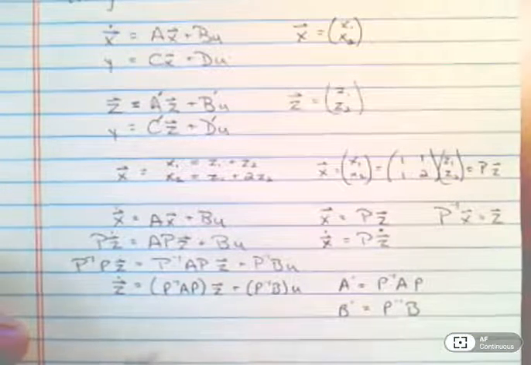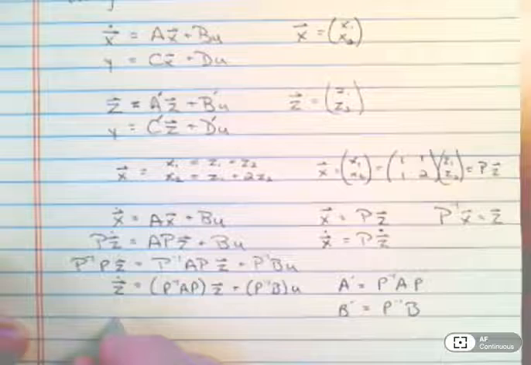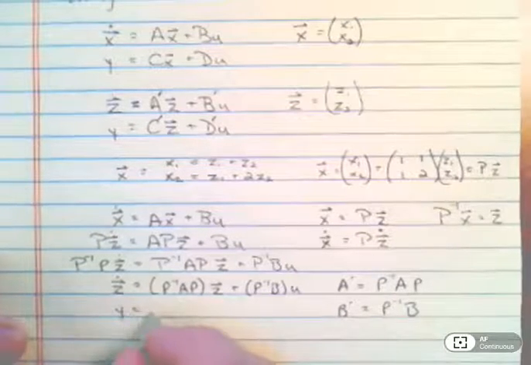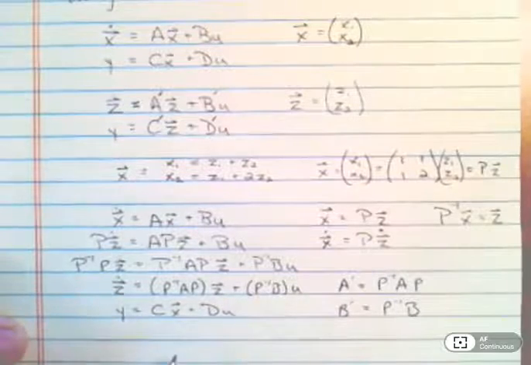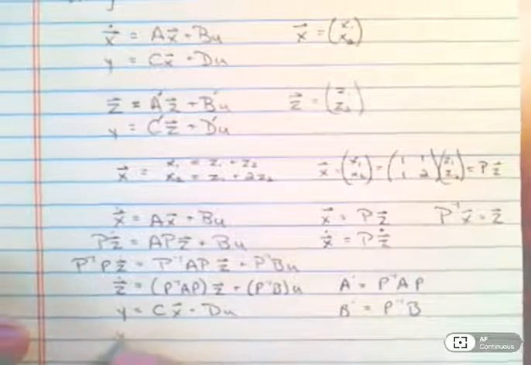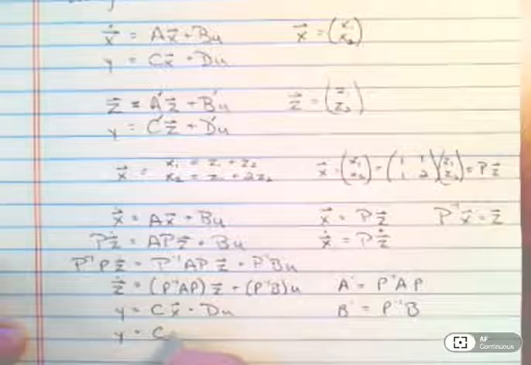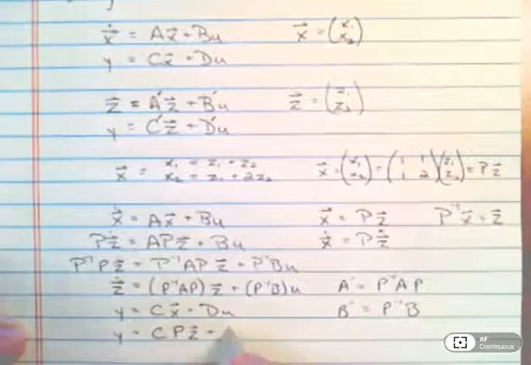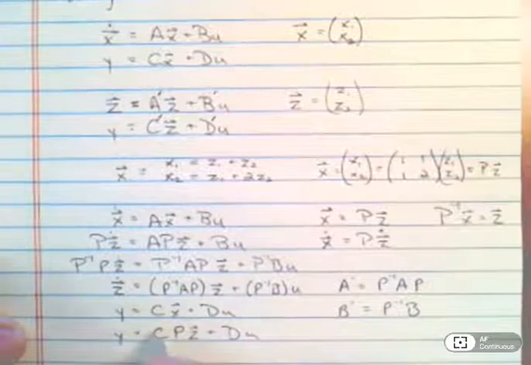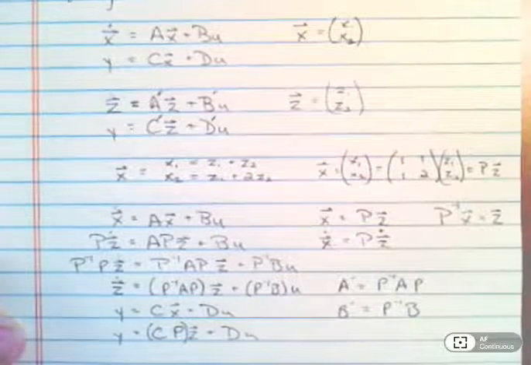And now we can do the same thing with the second equation, which is y equals Cx plus Du. And when I substitute for x, I wind up with y equals C Pz plus Du. And I'm going to put parentheses around that.